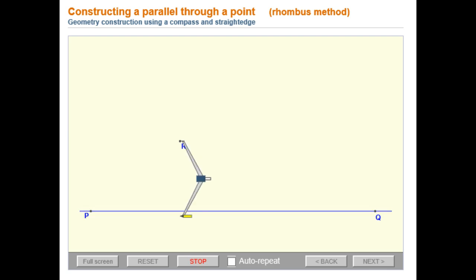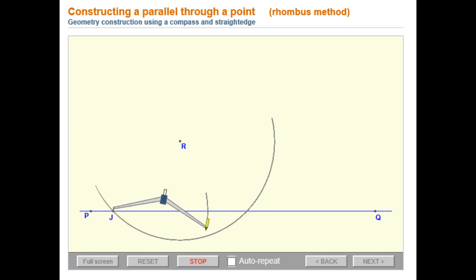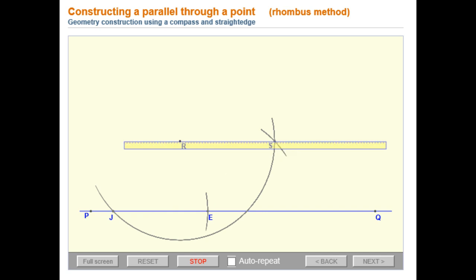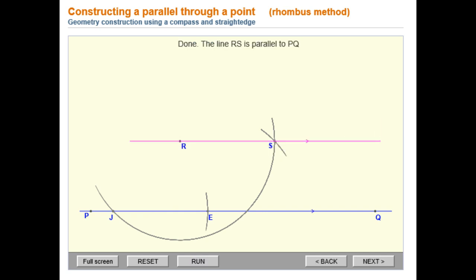So there's our line and the point that we want our parallel to go through. We make an arc from that point that passes through the line twice. Then we make an arc from the intersection to the line.